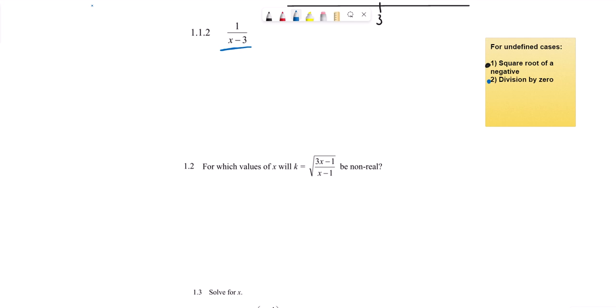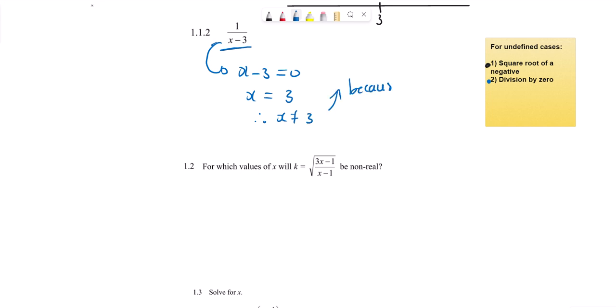Well, 3 minus 3 is 0, we know that. So x cannot be 3. But let's solve that mathematically. Take the denominator, x minus 3 is equal to 0. I transpose: x is equal to 3. Therefore x cannot be 3.